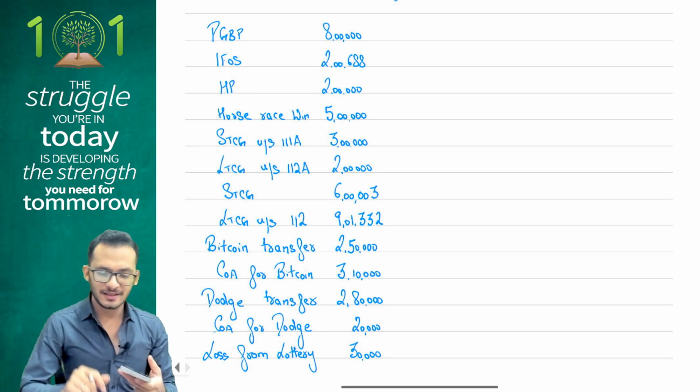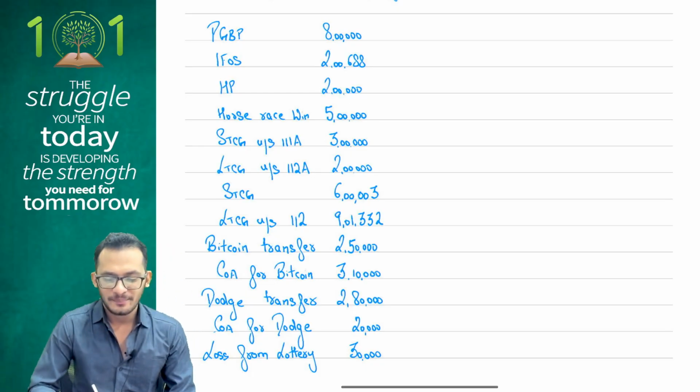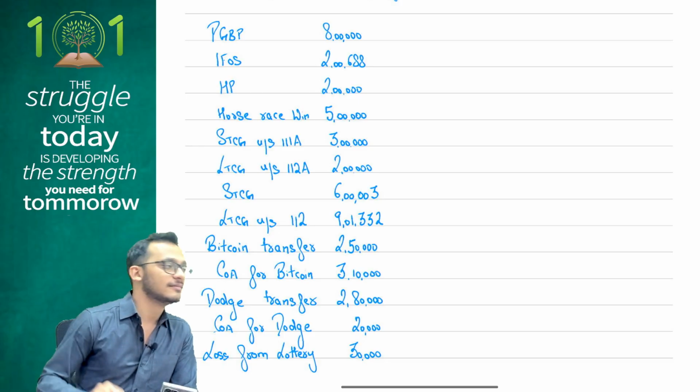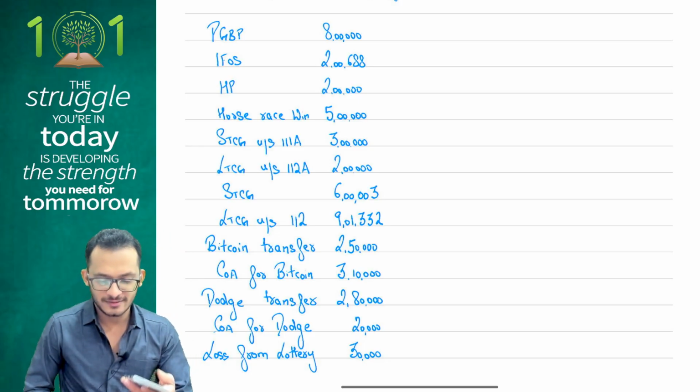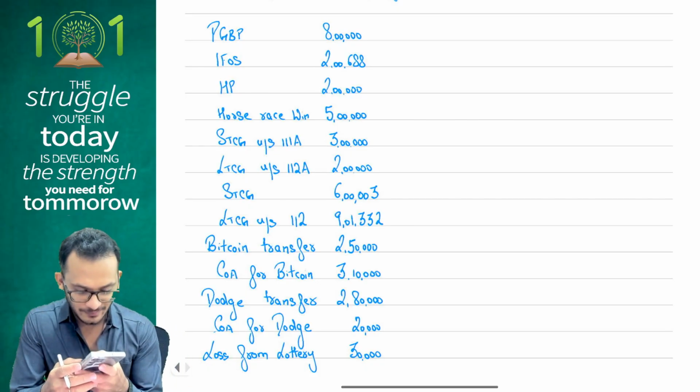So I have a PGBP income of 8 lakhs. My IFOS income is 2,68,000. My HP income, HP is normal income, 2 lakhs. Horse race winnings is 5 lakhs.